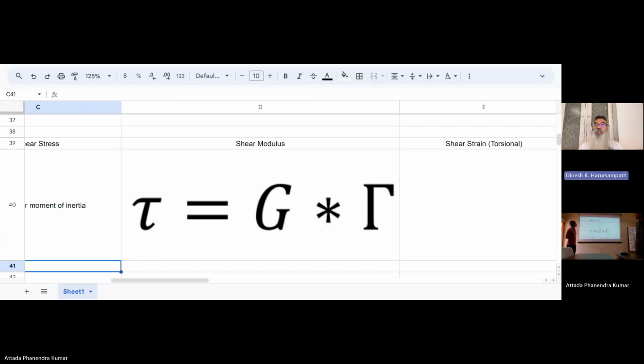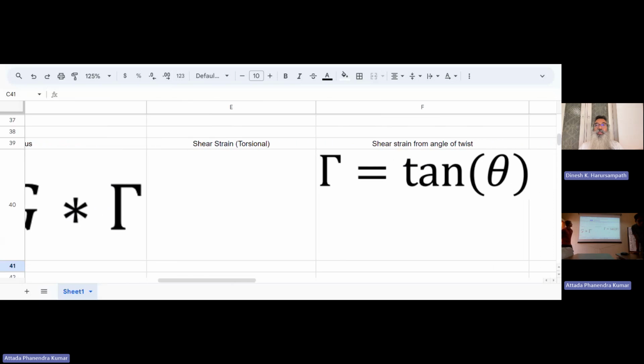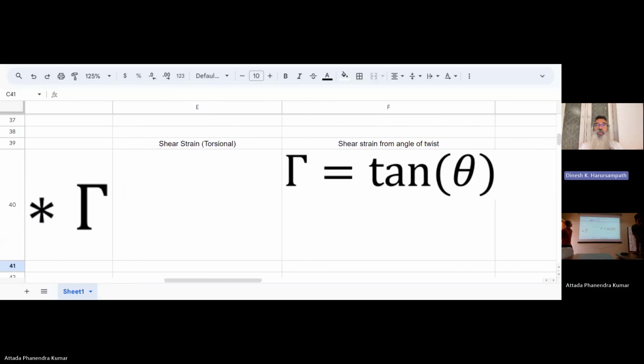Because remember, there are three different shear stresses, three different shear strains, and different Gs as well. So just put appropriate subscripts over there to show what you're talking about. And this holds for all the other stresses and strains throughout this sheet as well.